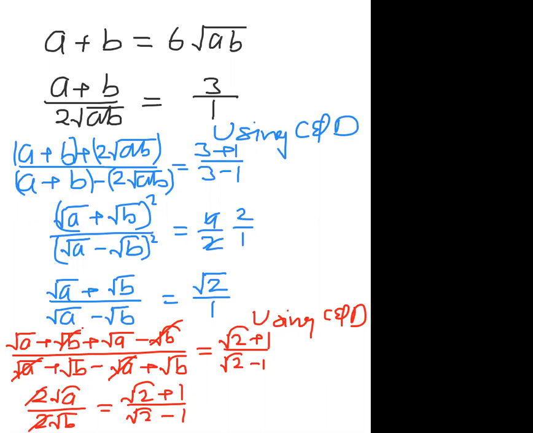If there is something you want to see, please concentrate, then we must move to the next slide. So, under root A upon under root B is equal to root 2 plus 1 upon root 2 minus 1.